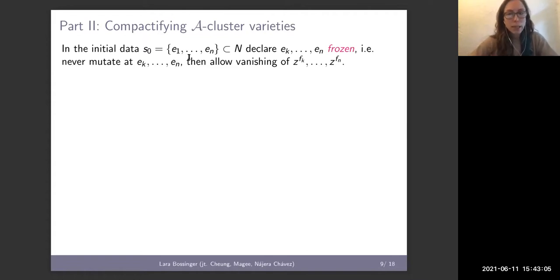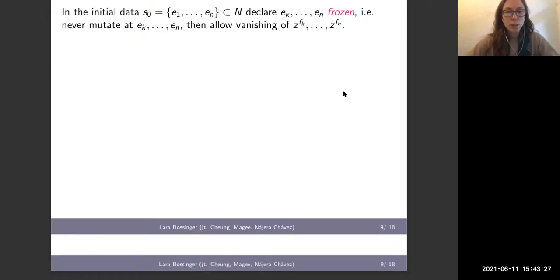Consequently, on the A variety, it is now possible to allow the corresponding cluster variables to vanish. If I mutate at a variable, I divide by the corresponding cluster variable at some point. If I never do that, I can extend my cluster variety by allowing these to vanish.